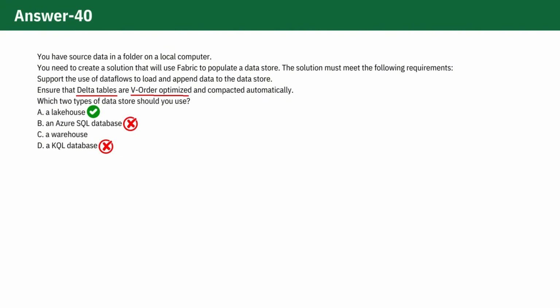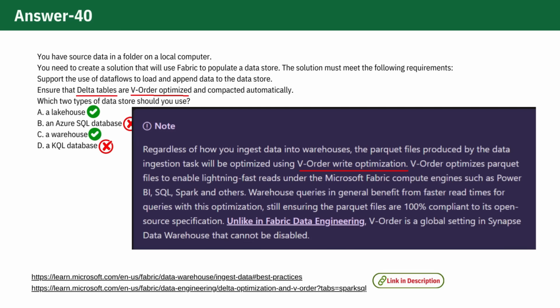Option C. Warehouse is also a good choice because it employs V-order write optimization on Parquet files, regardless of the data ingestion method. This optimization greatly enhances read speeds under Microsoft Fabric's compute engines, such as Power BI, SQL, and Spark. Notably, V-order is a permanent feature in Synapse Data Warehouse, further enhancing performance.